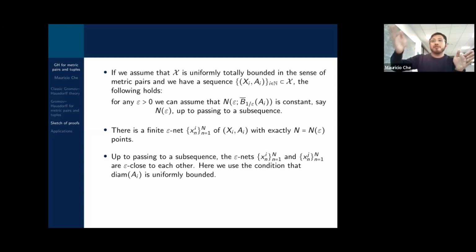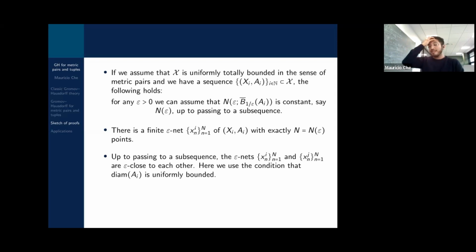Basically, we partition this fixed interval given by the upper bound of the diameter, with the same number of subintervals as the number of possible distances between elements of the net. And for infinitely many elements of the sequence, those distances will be in the same subinterval. That's more or less the idea, but the point is we can take a subsequence where these nets are very close to each other.